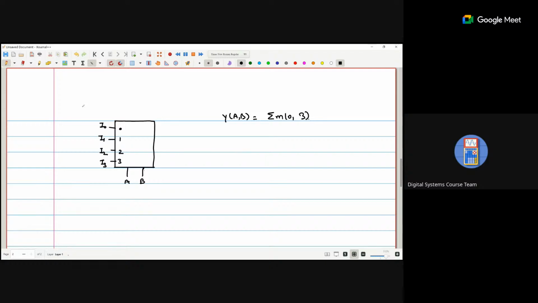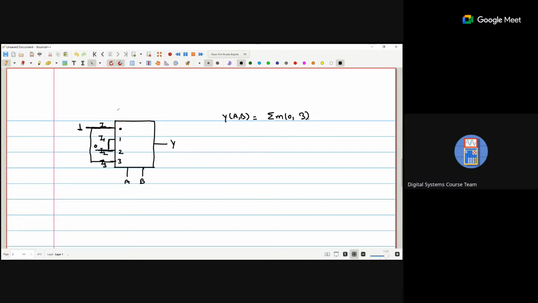We require I0 and I3. It is a SOP term, so what should we do? We connect the 0 and 3 terminals to 1, because it is a SOP term, and the remaining 1 and 2 are connected to 0.